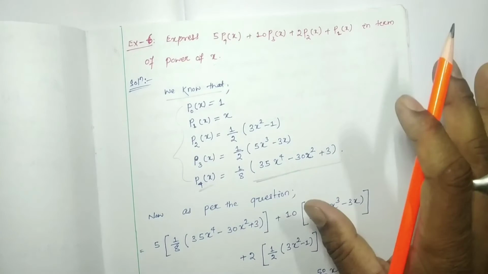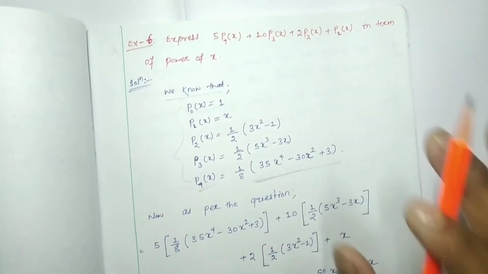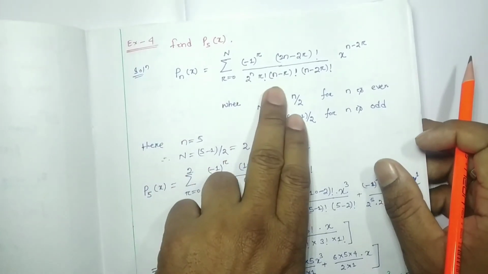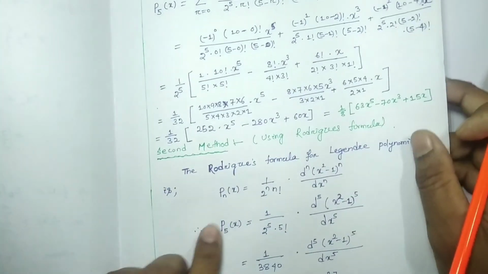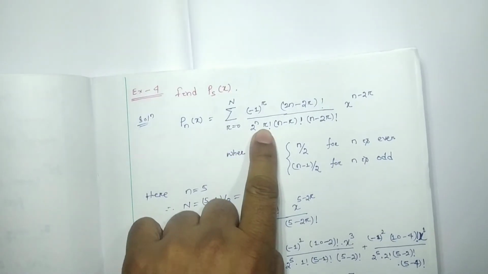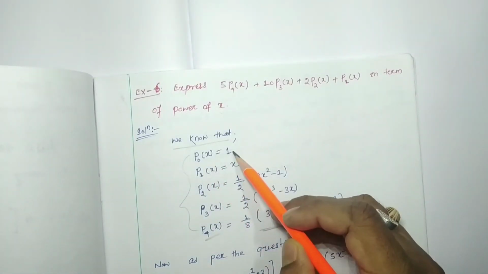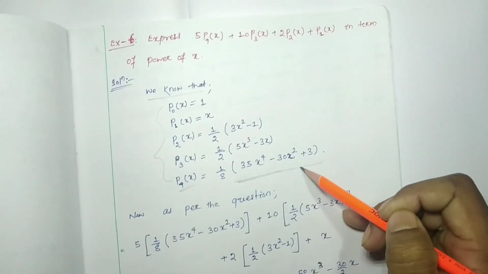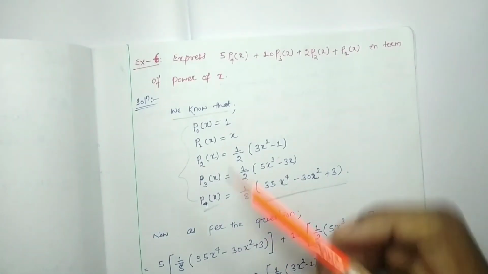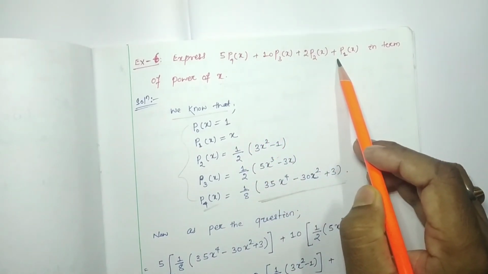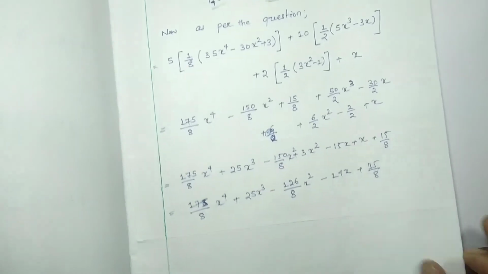Suppose you don't want to remember, then you have to remember this formula or the Rodrigues formula. By using the Rodrigues formula or this formula, you can find P0(x), P1(x), P2(x), P3(x) and P4(x). Then you have to substitute these values in this equation, and you can find this one.